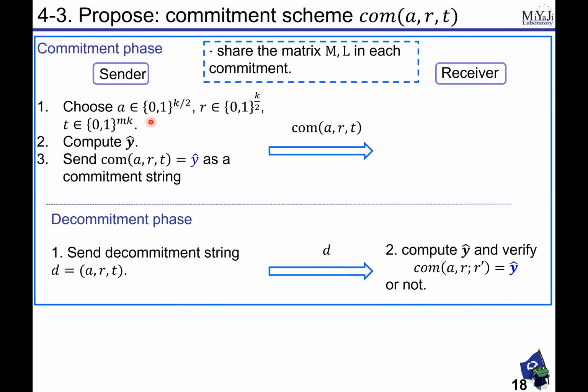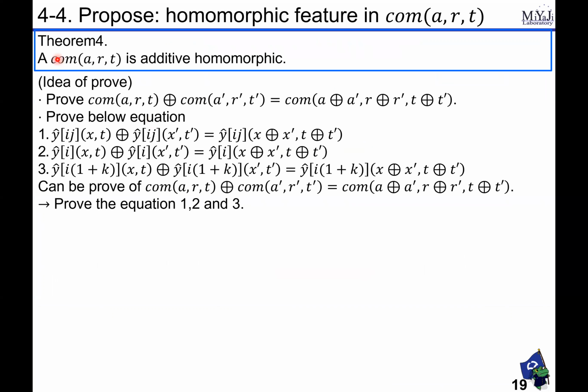Next, we have to prove whether our commitment scheme satisfies homomorphism or not. Our commitment scheme Com(A, R, T) is additive homomorphic. How do we prove this? We have to prove the commitment scheme is additive homomorphic. That means Com(A, R, T) and Com(A', R', T') is equal to this equation. And our PRE hash function has three types, that is 1, 2, and 3.